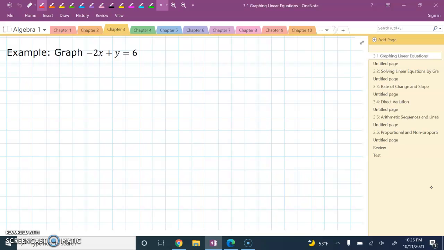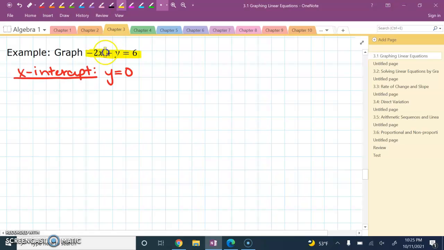So when you're trying to find the x-intercept, remember that we had talked about the fact that when you have the x-intercept, your y is always going to be equal to 0. So what you can do is in the equation that we have up here, you can actually set y equal to 0. So you'd have that negative 2x, and instead of plus y, I'm just going to put 0 in for its place, and then equals 6.